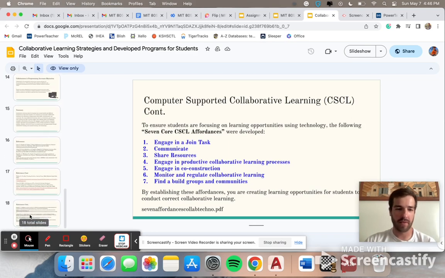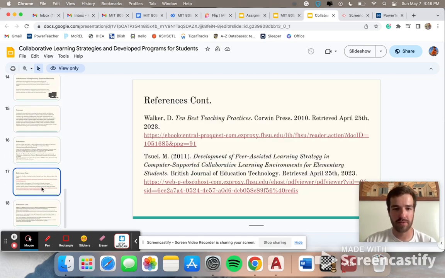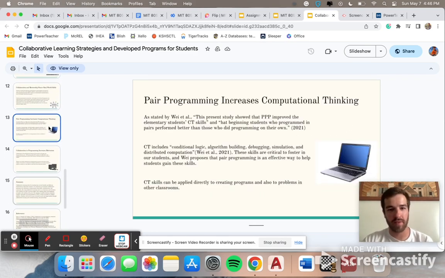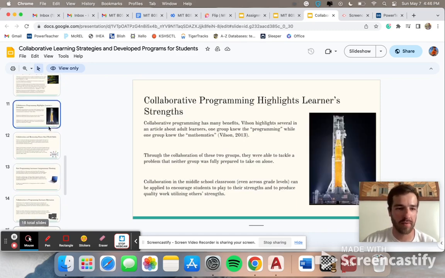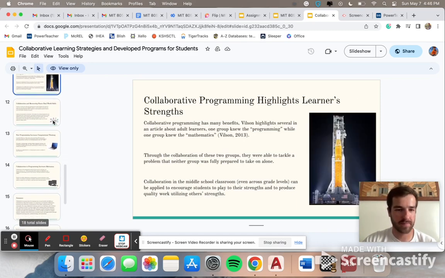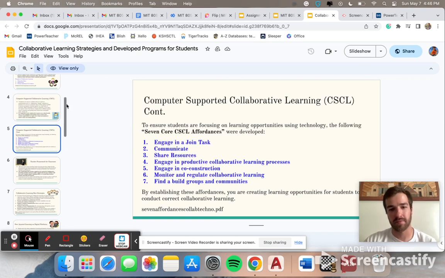The way that everything comes together, there's not too much going on. It's easy to read. There's not too much regurgitated information. I really liked this 7-point bullet list over a CSCL.